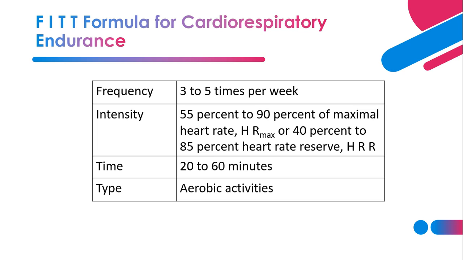Intensity suggests that for development of cardiorespiratory fitness, physical activities must be of sufficient intensity. During exercise, heart rate changes in proportion to the energy requirements of the task. As the energy requirements increase, there is a corresponding increase in heart rate. Thus, heart rate can be used to monitor the intensity of exercise.